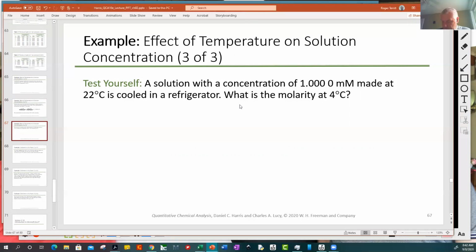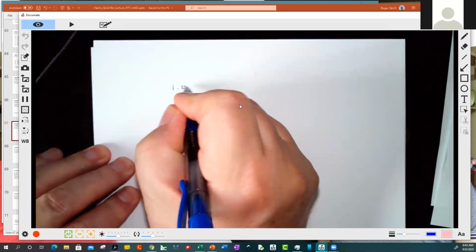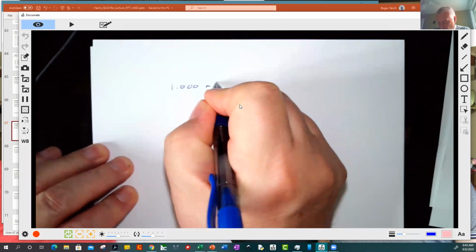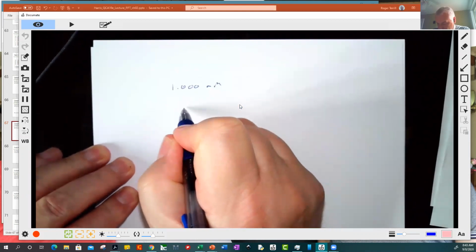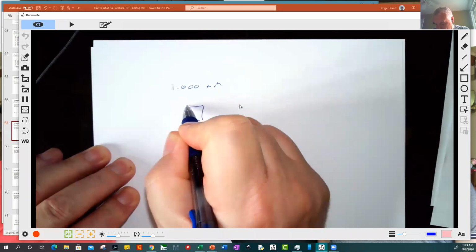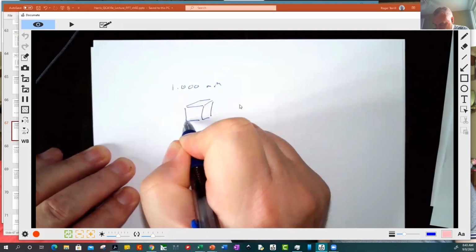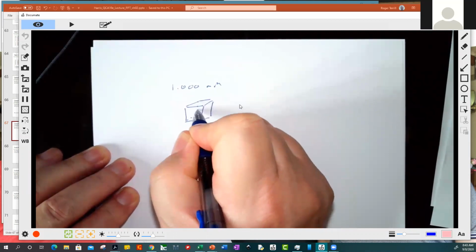So basically what's going to happen is you have 1.000 millimolar, this sort of volume of solution here.